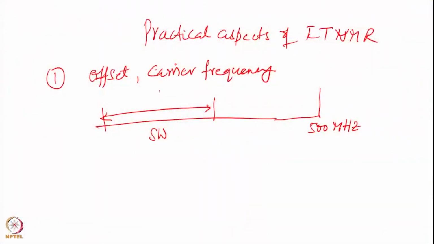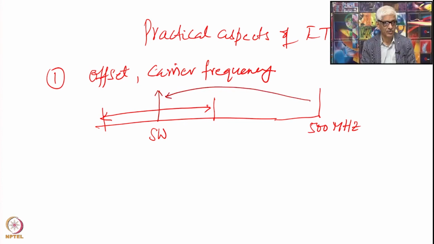Therefore, we would like to have that spectrometer frequency here. So, what we have to do is shift this to this place. In other words, we have to add a certain amount of offset to this frequency, and the amount of shifting that we do is called the offset.